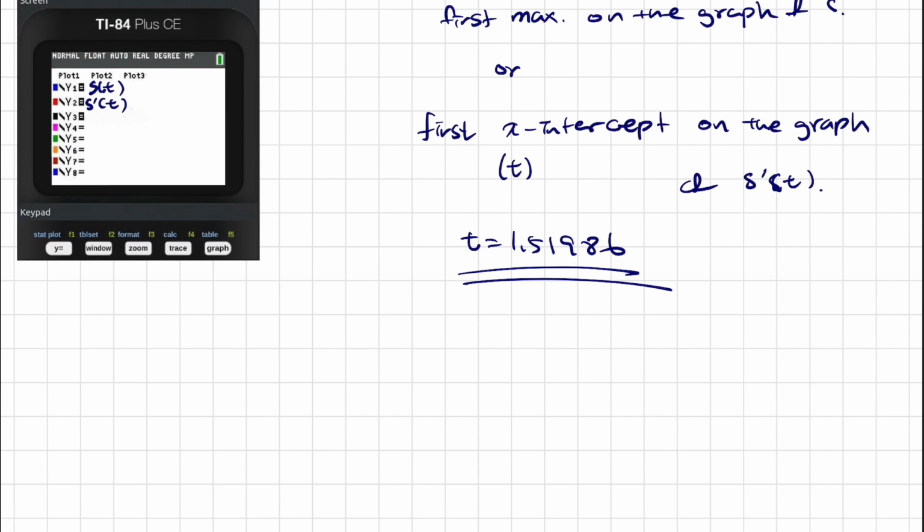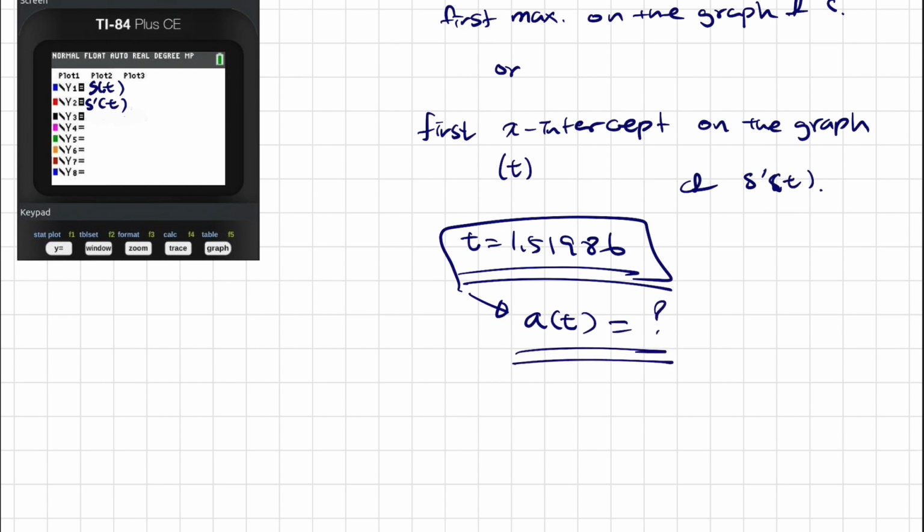We already calculated the t value when it changed direction as 1.51986. To find the acceleration, we first need the equation of the acceleration.